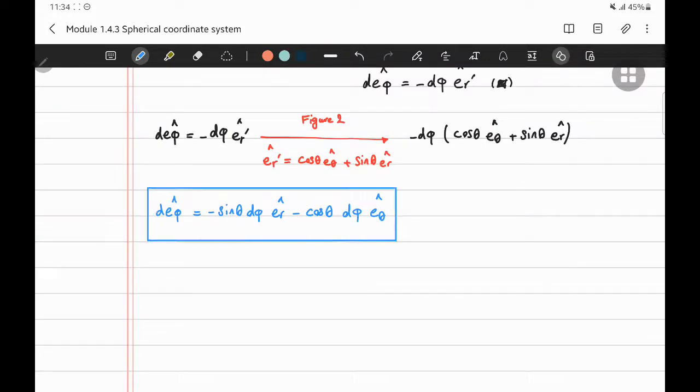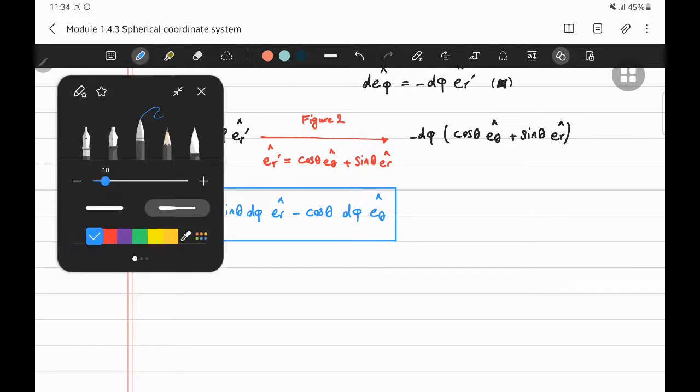So these are critical to calculate some of the results for the operators, some of the tensor operators in the spherical coordinate system.